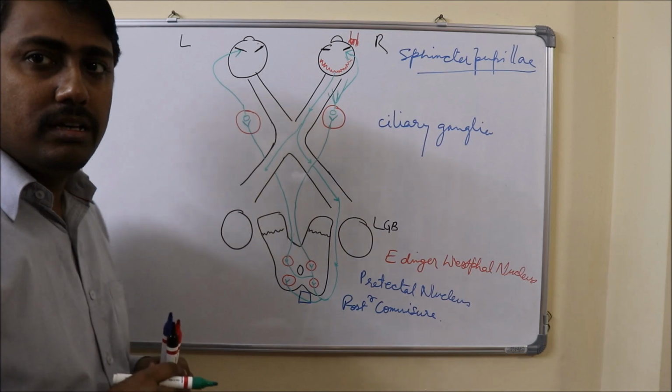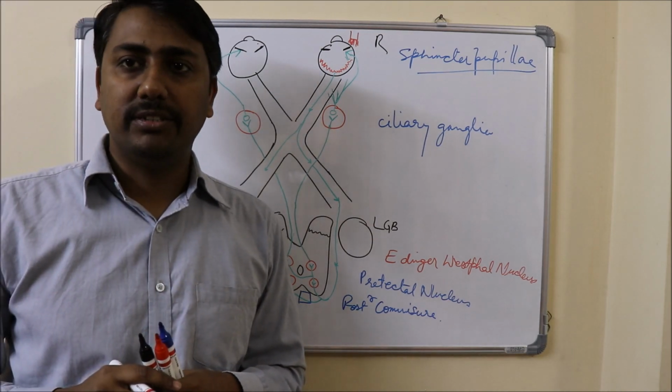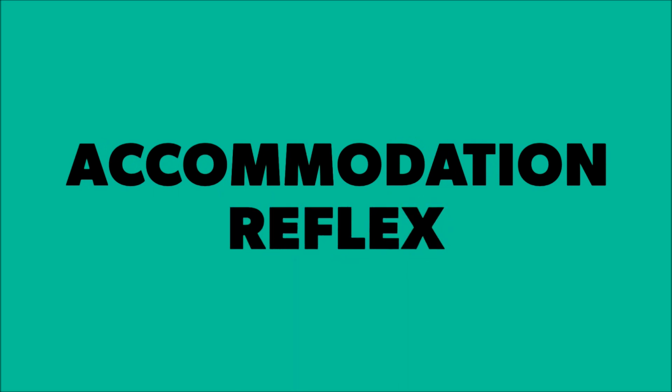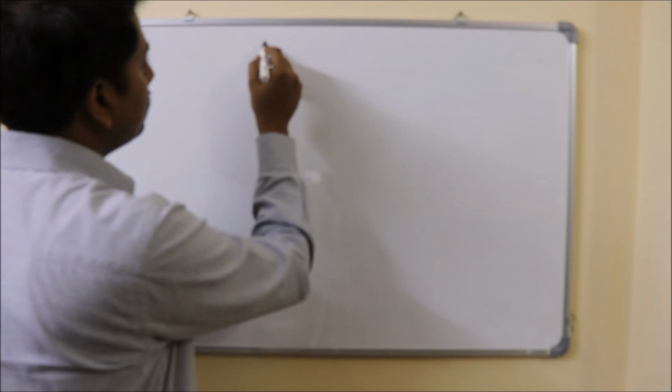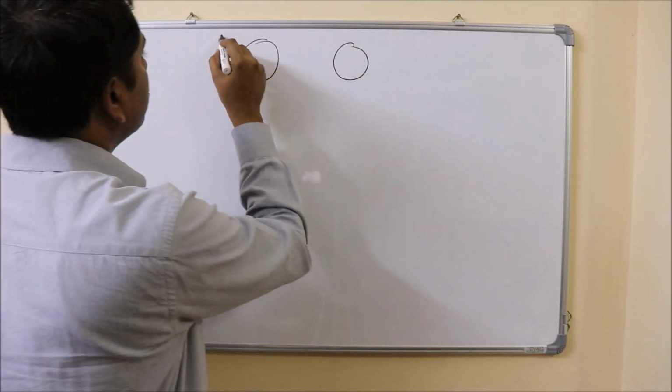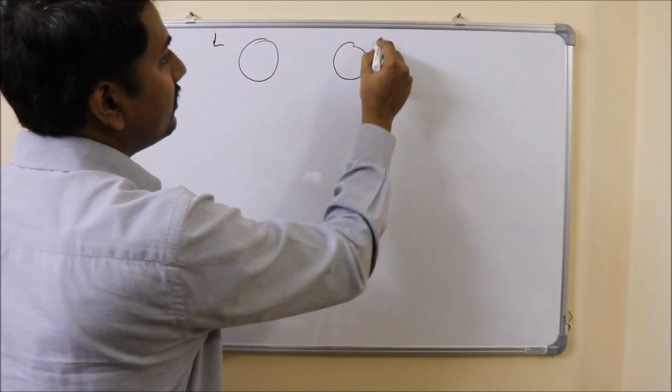Now we will see the pathway for the accommodation reflex. Suppose these are the two eyes, the left eye and the right eye.